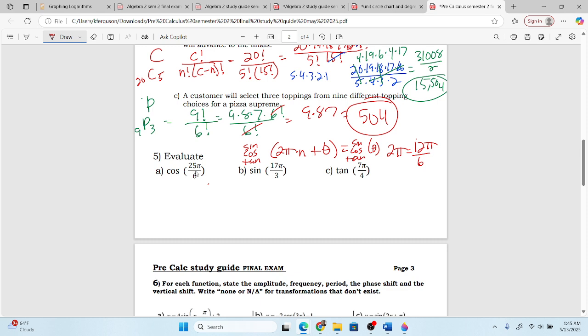So let's put what we got in practice. All right, so I got 25 pi over 6. Well, I know that 12 pi over 6 is 2 pi. So if I think about, let's say 4 pi, so that's 24 pi over 6, plus what to get that? Pi over 6. So this right here represents 2 pi, so that's 1 revolution, and then another 2 pi, so that's 2 revolutions, or 2 cycles.